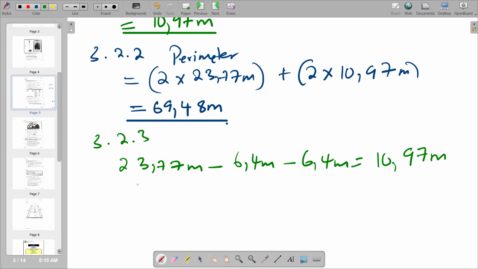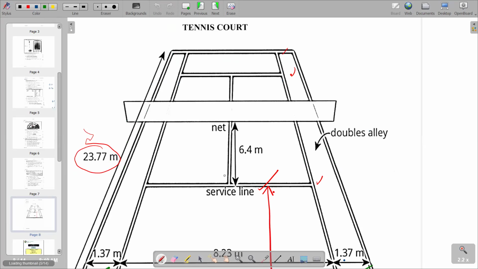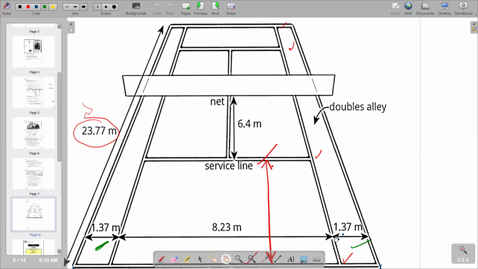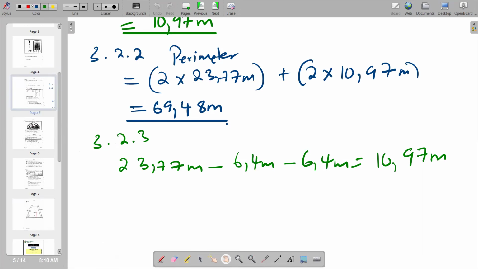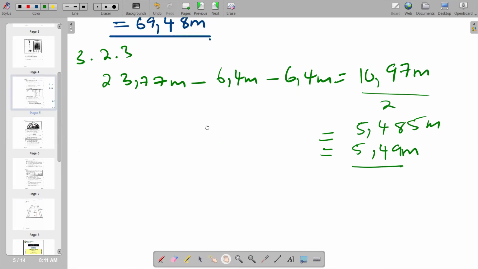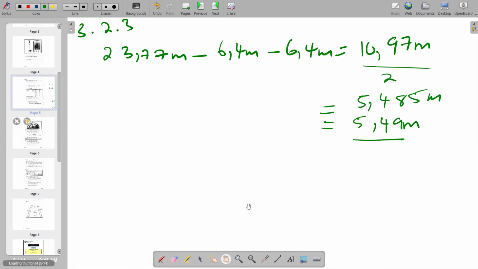We get 10.97. So 10.97 is the length from here to here plus from here to here, of which the two are equal. So you just divide by 2, and we get a final answer, rounded to two decimal places, of 5.49 meters. So that's what we have on that part.